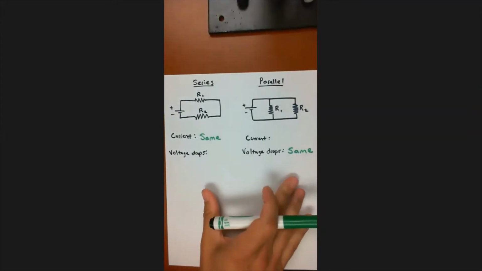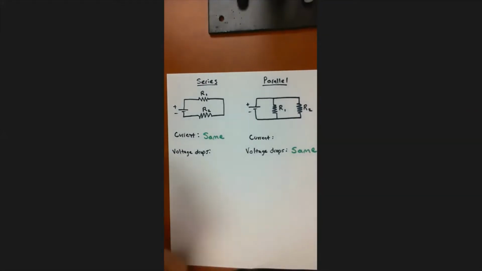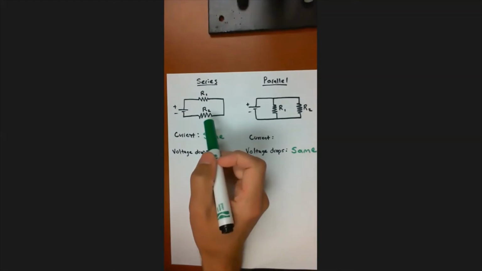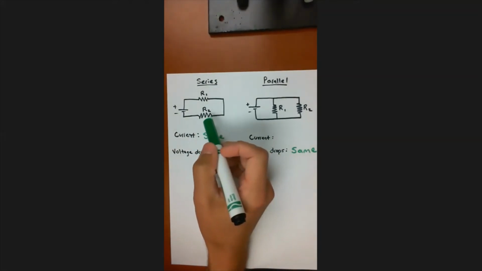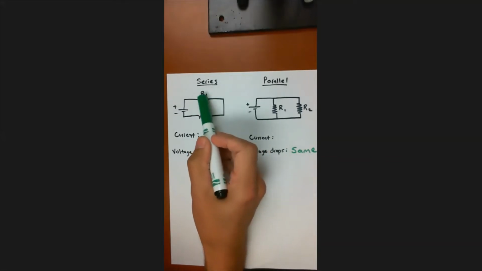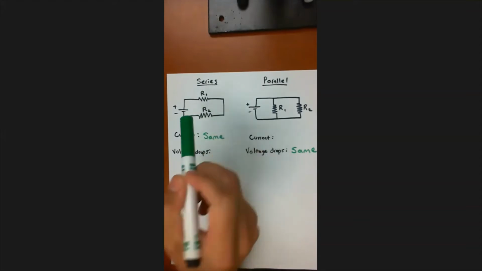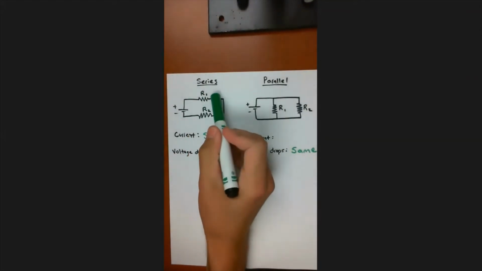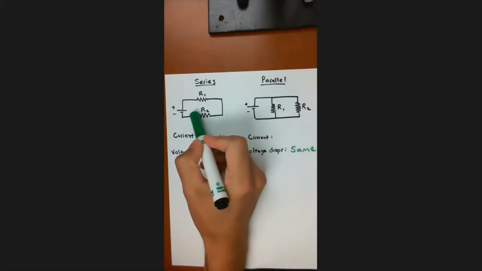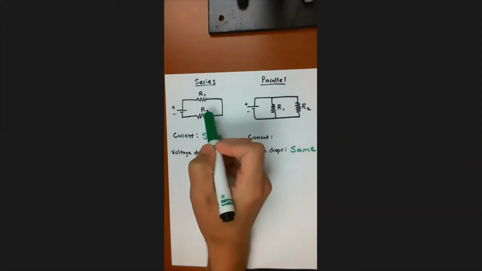So I think I can convince you of this, even if you've never seen anything like this before. We know Ohm's law, V equals IR. That's actually going to be one thing we'll talk about later on. So we have V1 equals I1 R1, and V2 equals I2 R2. We know that I1 equals I2, but there's nothing that says that R1 has to equal R2.